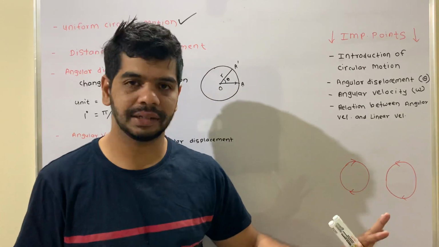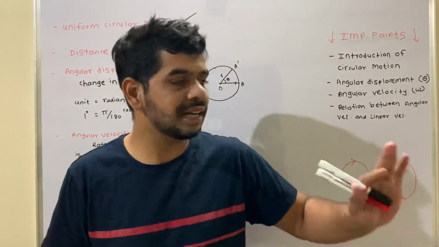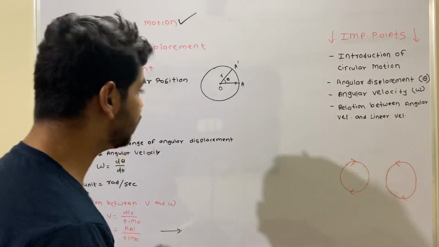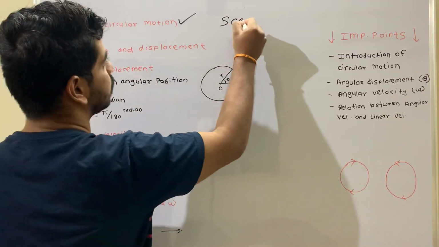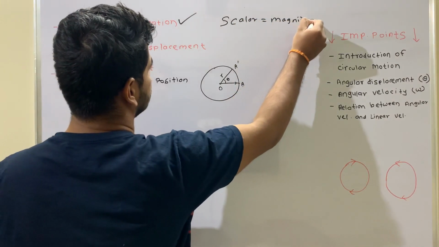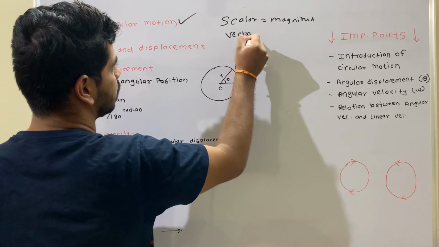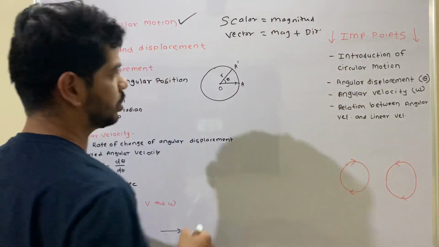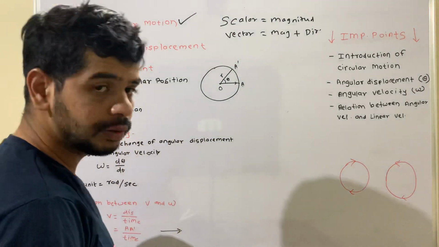As simple as that. No need to confuse. Scalar means magnitude, vector means magnitude plus direction. So this is the very basic thing about scalar and vector.